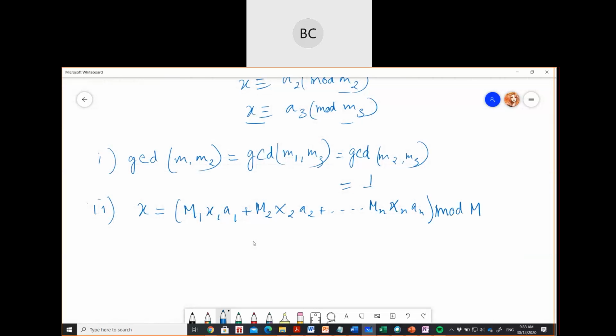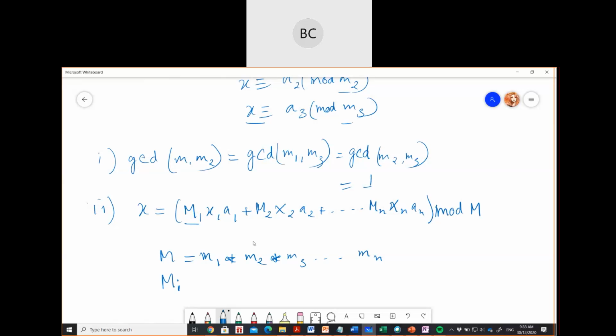M is M1 into M2 into M3 up to Mn. It will depend on how many expressions you have. If it's 2, then M1 M2. So this is your capital M.